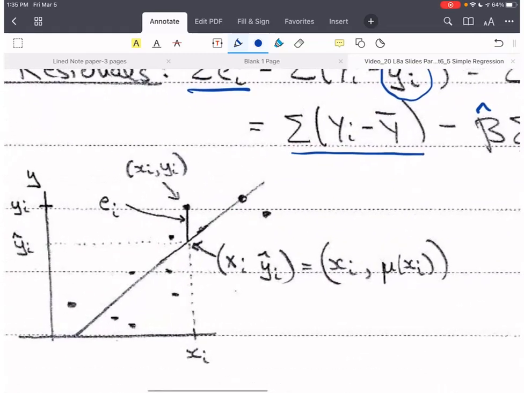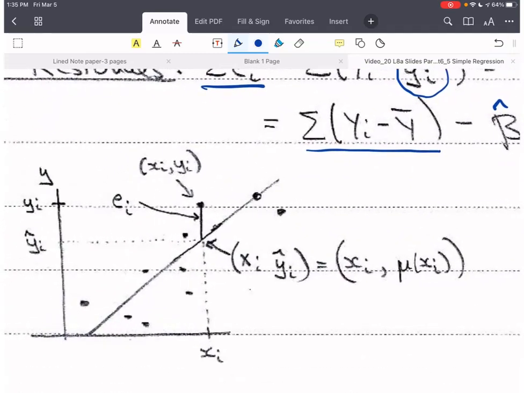So here is a sketch of the points, okay? We have this point x sub i, yi hat, and that is going to be on the line. So that's a point on the line. The line is given by y hat, right? And so if we substitute, we have x sub i, and then for yi hat, that's the mean at x sub i.